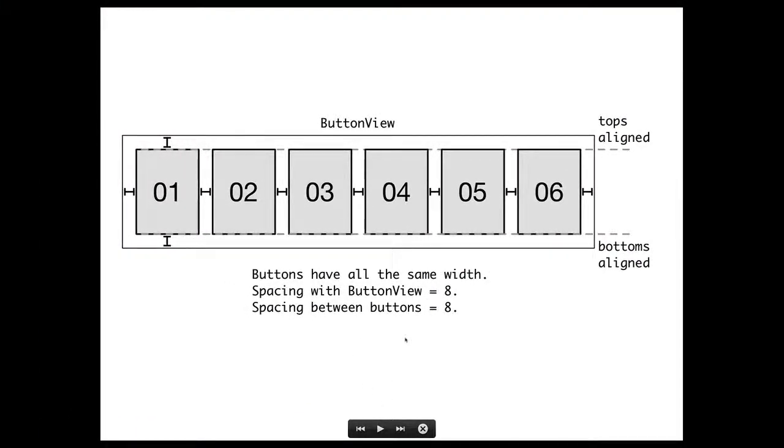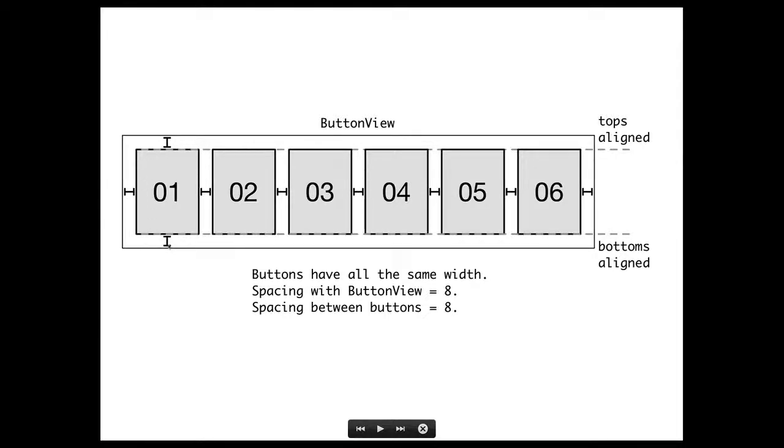I'm going to focus on how I want my 6 buttons laid out inside the button view. For the very first button, button 1, I'm going to set the spacing from the top, the left, and the right to its container view, its super view, which is our button view, right? I'm going to set those to a spacing of 8 points.